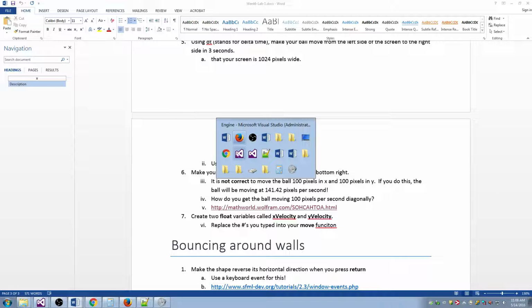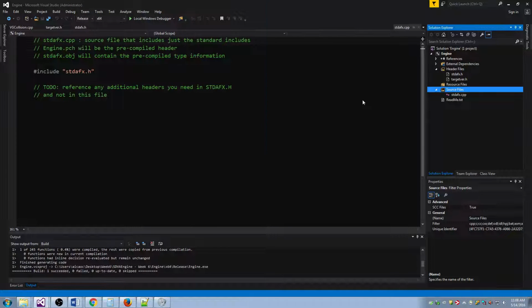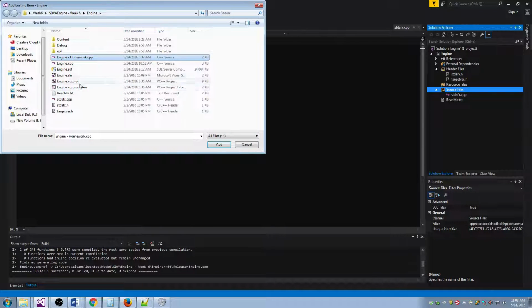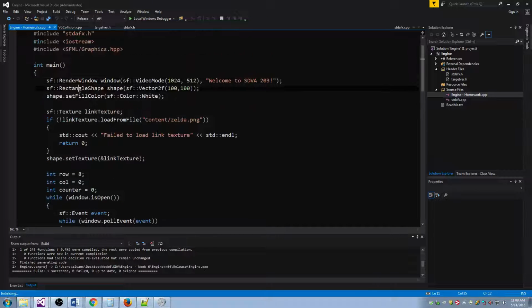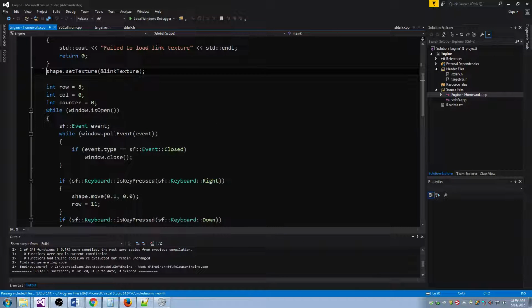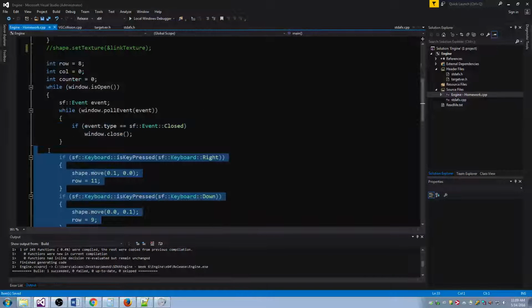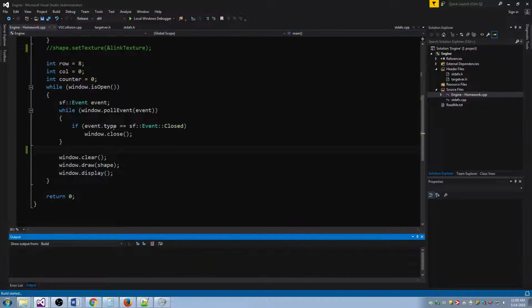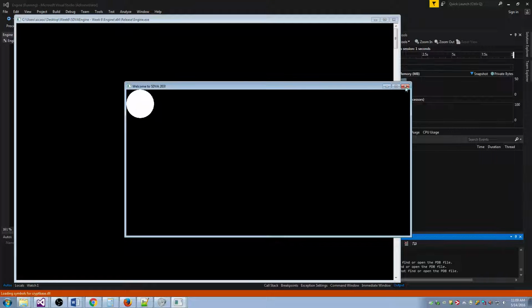So if I have my little engine here, let's use this guy here. And I'm going to use a little ball. So you guys are able to move a ball in one direction.